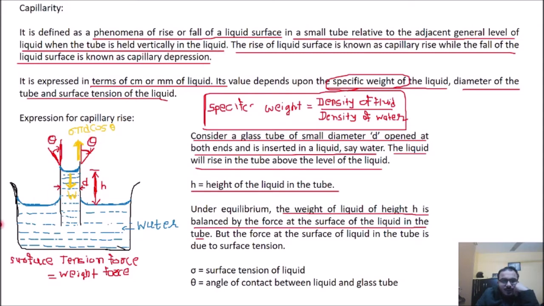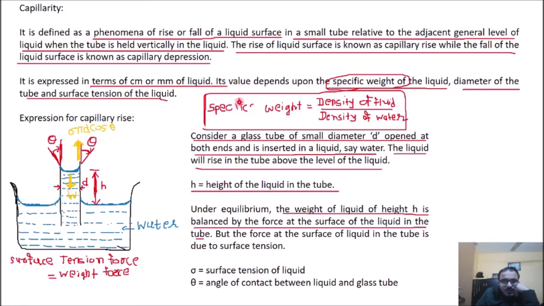Let us say in this case we have this vessel which is filled with water, and if we take one tube like this and put it inside, then according to the characteristics of liquid, the liquid will either rise or fall in this tube.